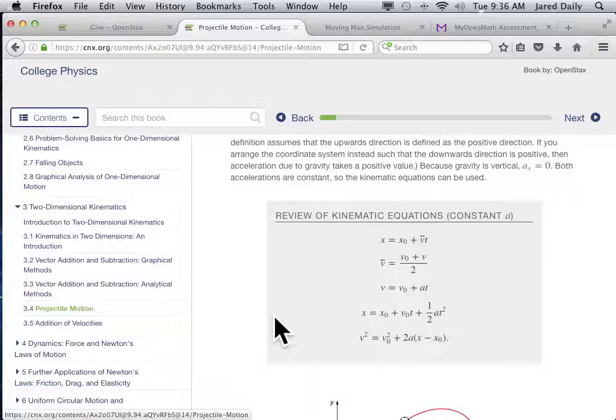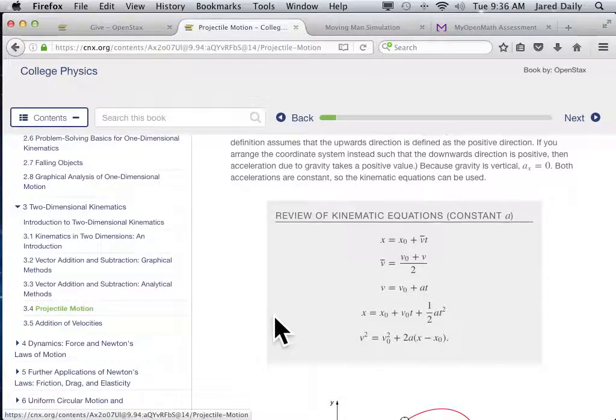You just always plug in g as the number 9.8, it is not the number negative 9.8. So right there you've got a minus half gt squared, so you plug in 9.8 for g, positive 9.8. The negative's already there.